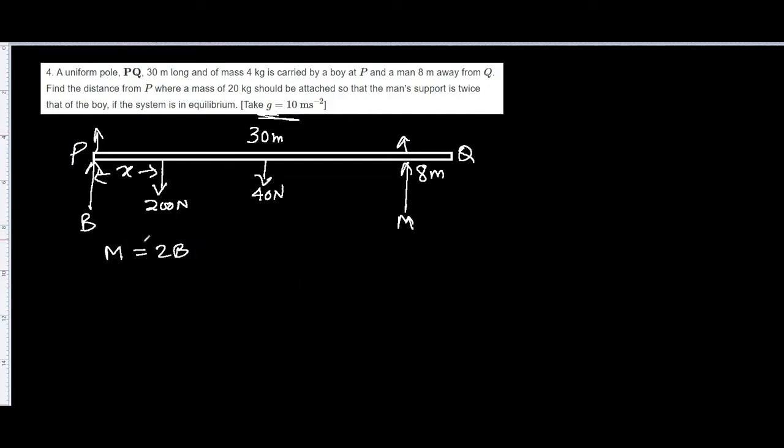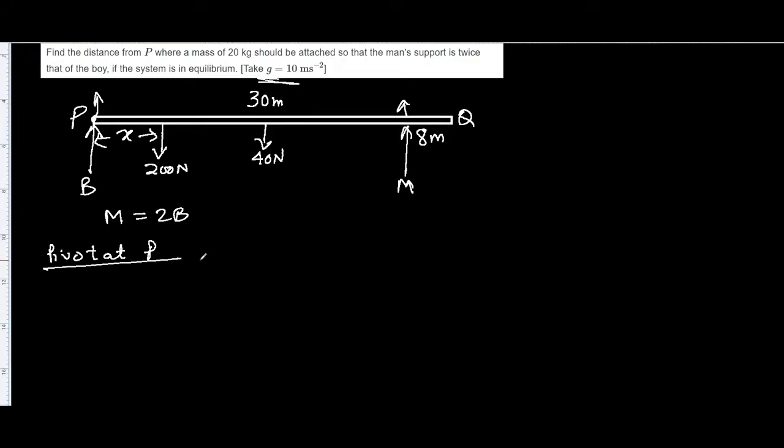So let's do one thing first, let's select the pivot at P. If P is the pivot, we will equate the clockwise and anti-clockwise moments. From P, this 200 newtons will be clockwise, so 200, and the distance between 200 and P is x. This is the moment by 200 newtons. Now 40 is exactly in the middle of the pole, so the distance from P to 40 is 15.